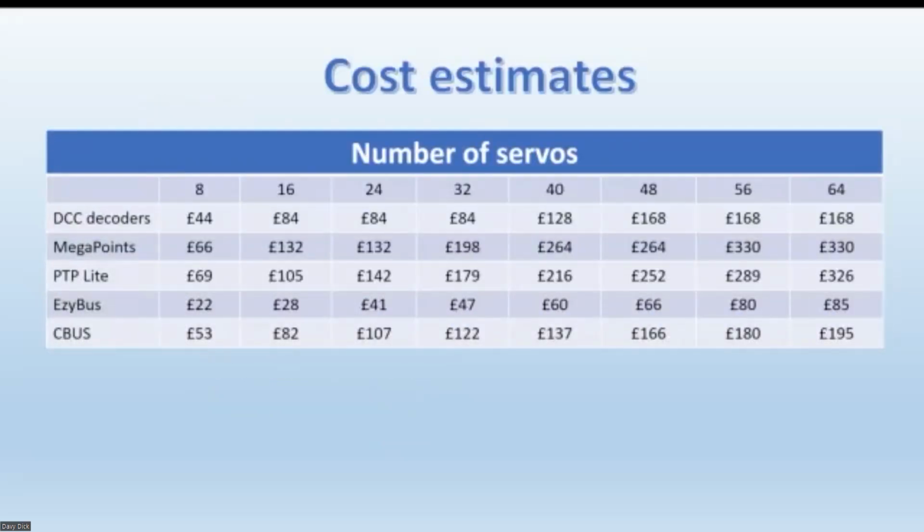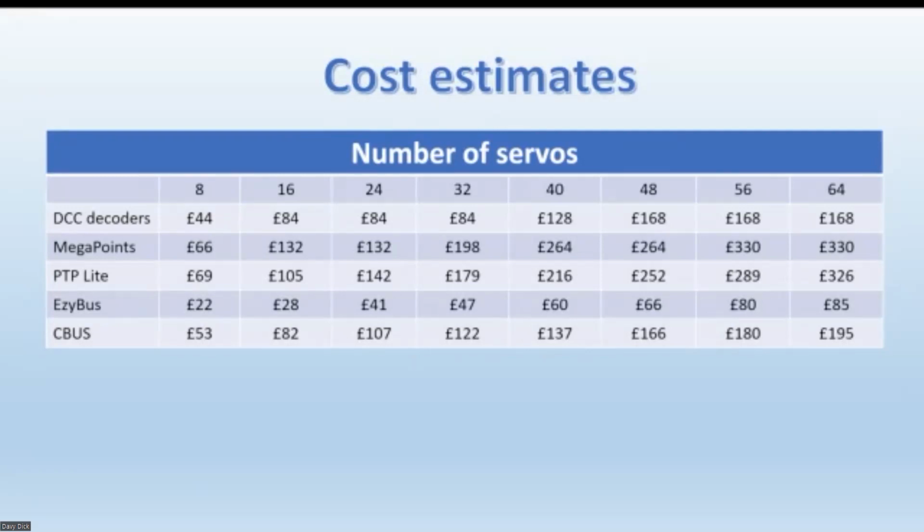And lastly, I said I would look at the various costs involved. So if you've got a very small layout with just eight servos, now I've just used servos as a yardstick, but of course you might be using solenoids or Tortoises or whatever, but I had to have something to compare like with like.